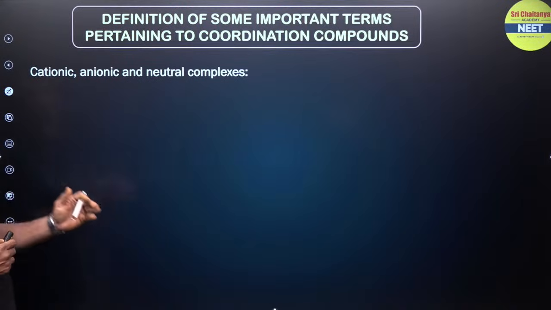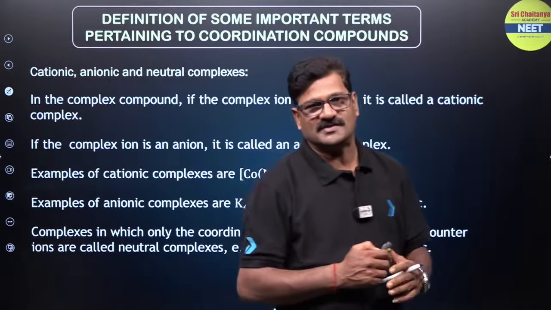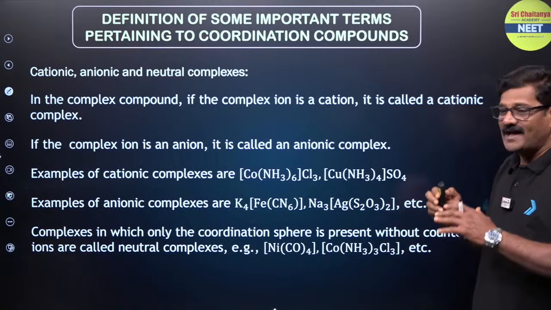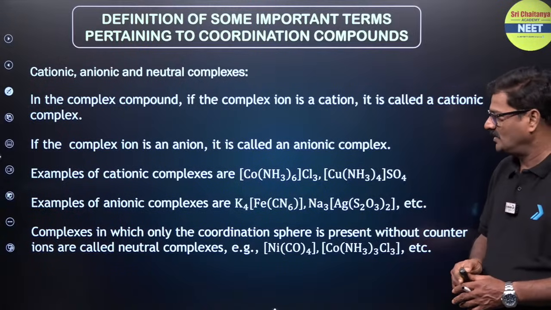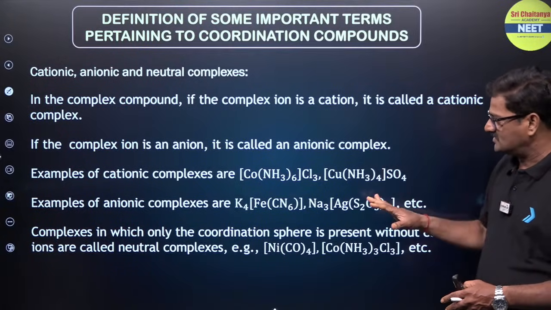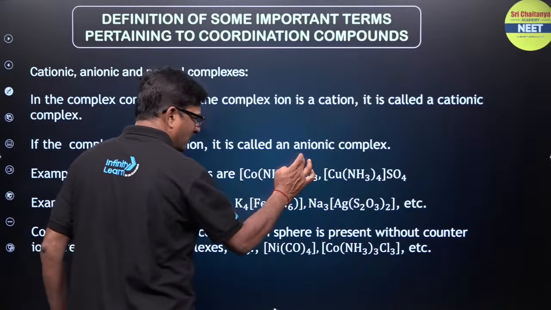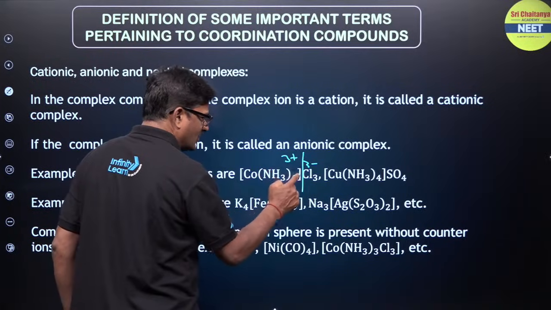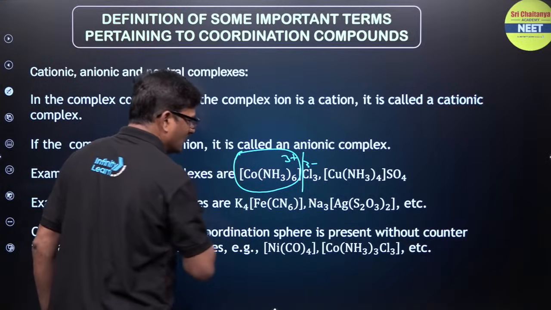And you can see cationic, anionic, neutral complex. The charge on the complex decides this. In a complex compound, the complex ion can be a cation, an anion, or neutral. When you consider [Co(NH3)6]Cl3, remove the 3 minus, it gives 3 plus, so it is a cationic complex. So the total complex is going to be cationic.